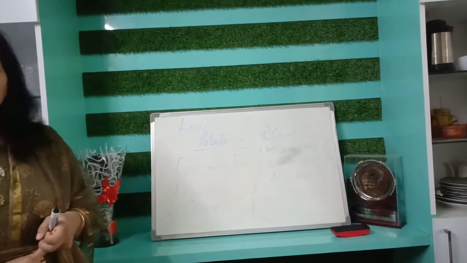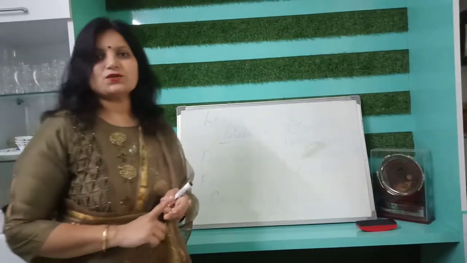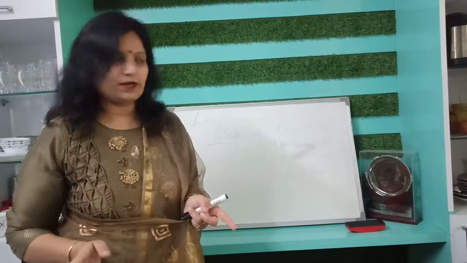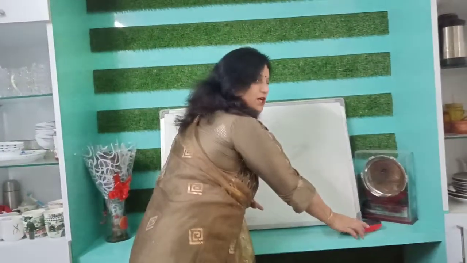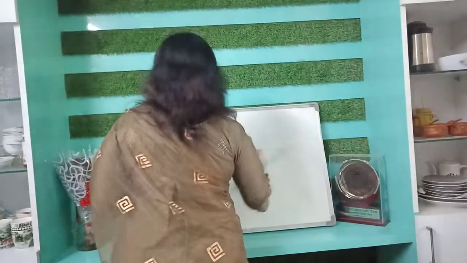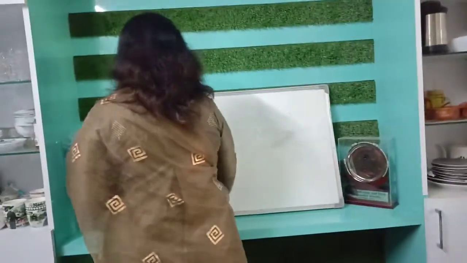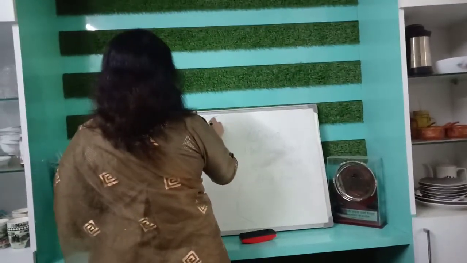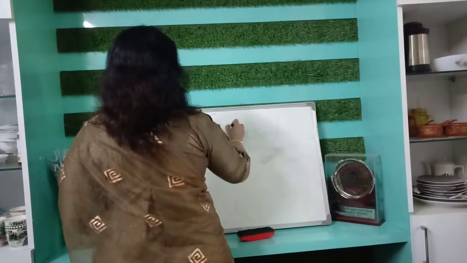Now you have to do this homework in your notebook, or you can prepare a worksheet on an A4 sheet. How do you have to prepare it? First write the heading on top, food from plants.